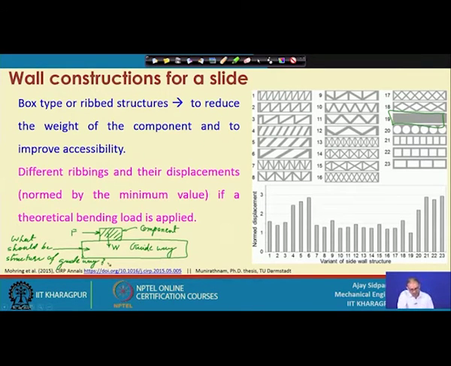So, first start with the solid one, because now the criteria is that we have to see the strength versus weight, correct. So, this is the criteria we have to follow.